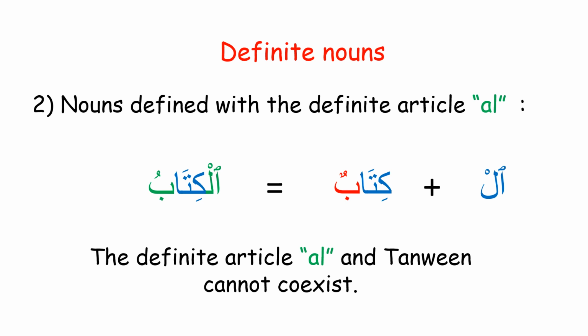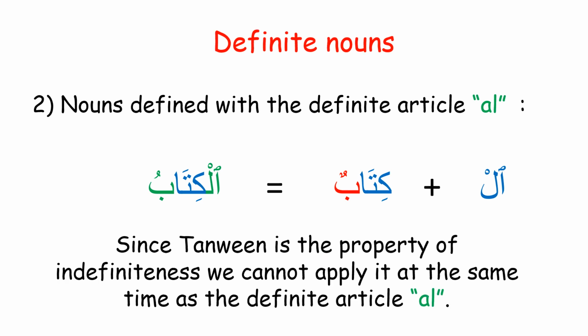Please take a look at this example. When the definite article al joins the indefinite noun kitabun as a prefix, this will result in eliminating the tanween at the end of the word kitabun and replacing it with its single corresponding vowel. The reason is that the definite article al and tanween cannot coexist.